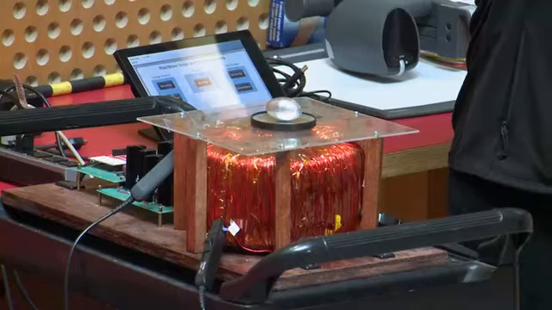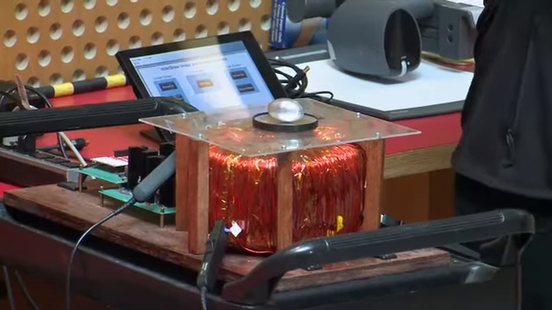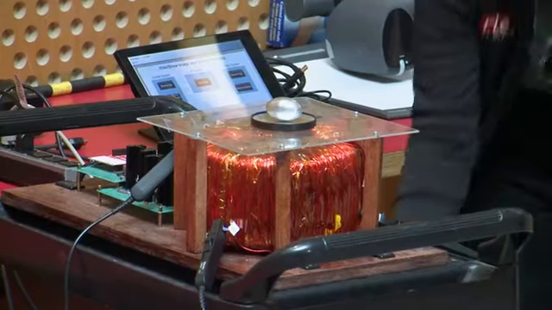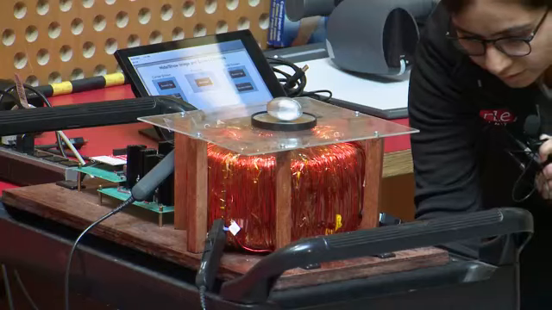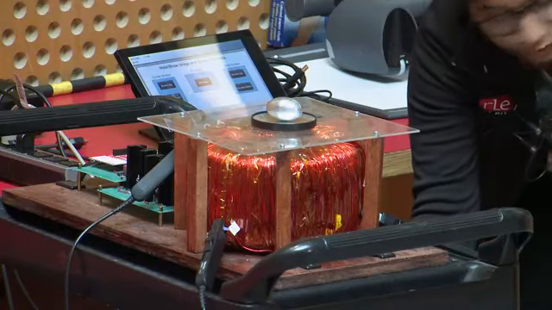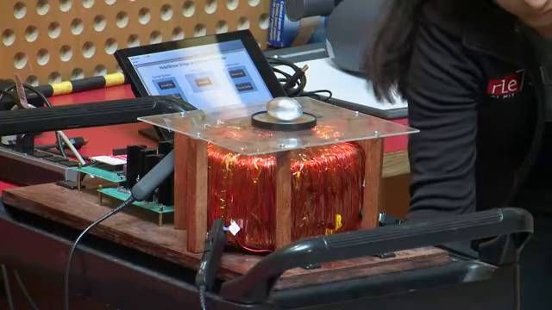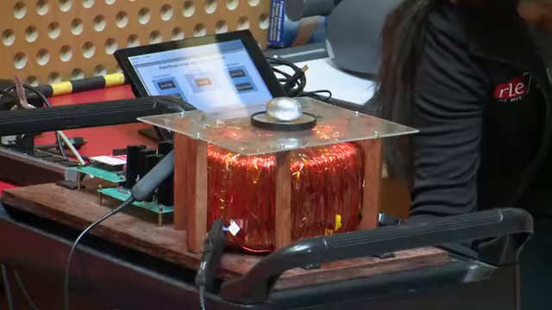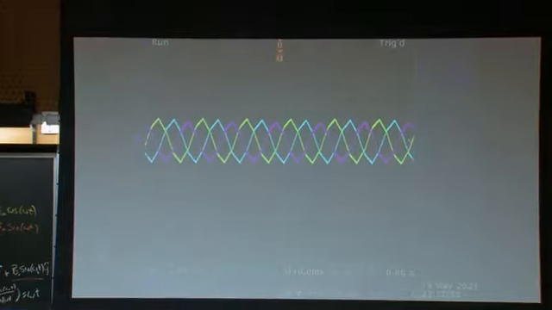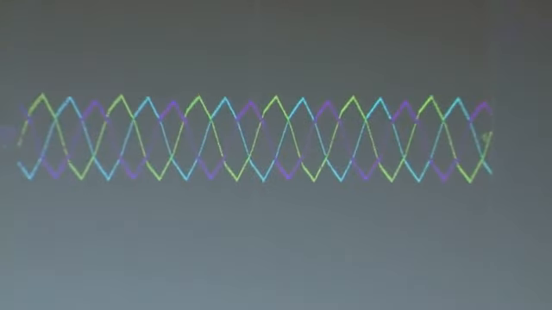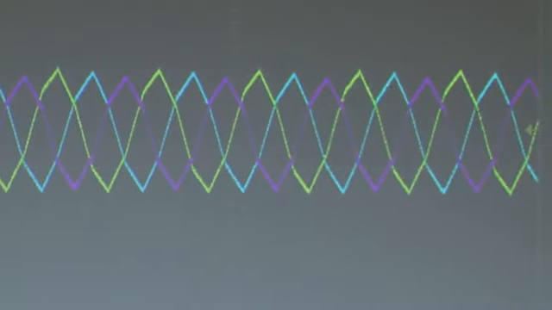And then I'm plotting the three-phase currents there, so they should be phase shifted by 120 degrees. So I'm slowly increasing the bus voltage for the inverter, and we see that the phase currents slowly increase. And as I increase the voltage, we see the egg is slowly spinning. As I go higher, the egg starts spinning faster.